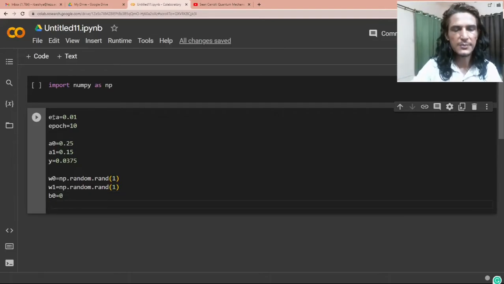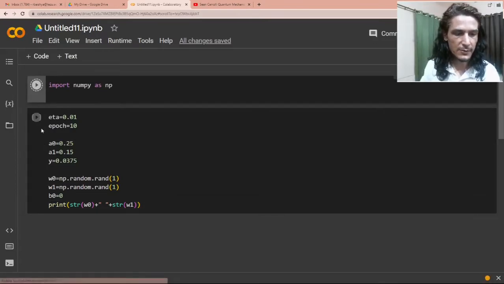Well, let's first see what W0 and W1 look like. So first print W0, string of W0 comma plus. Let's first see what these values are.